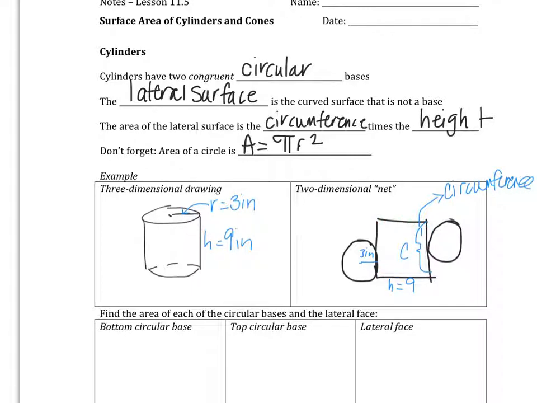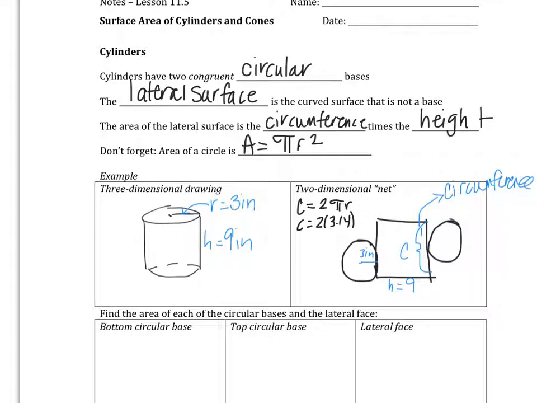And if we want to find the area of this part right here, it was the part that went around the circle. So if we find out the circumference, or the distance around right here, that's going to give us the length of this side. So let's go ahead and do that. The circumference is 2 pi r, and that's going to be 2 times 3.14.